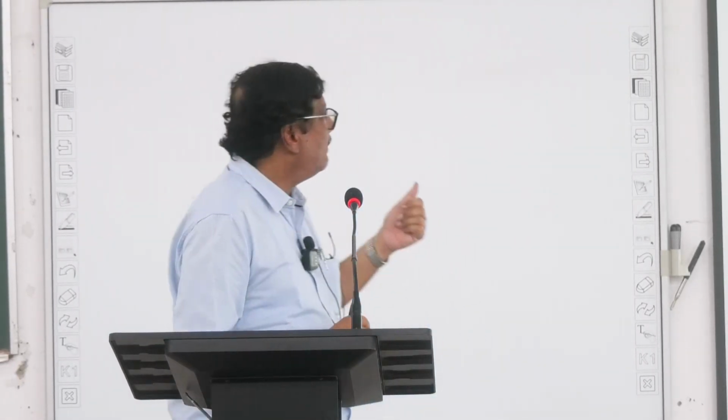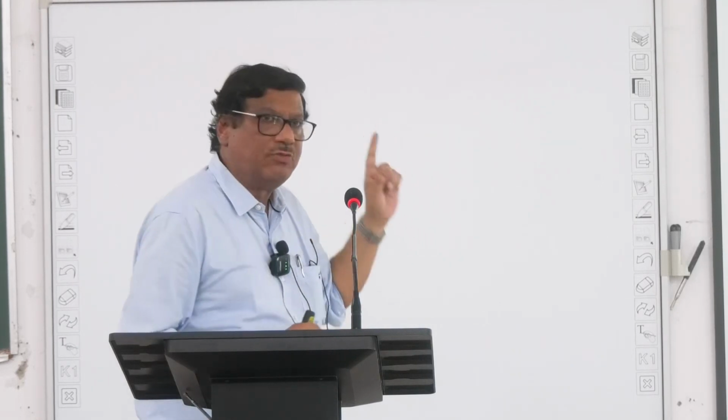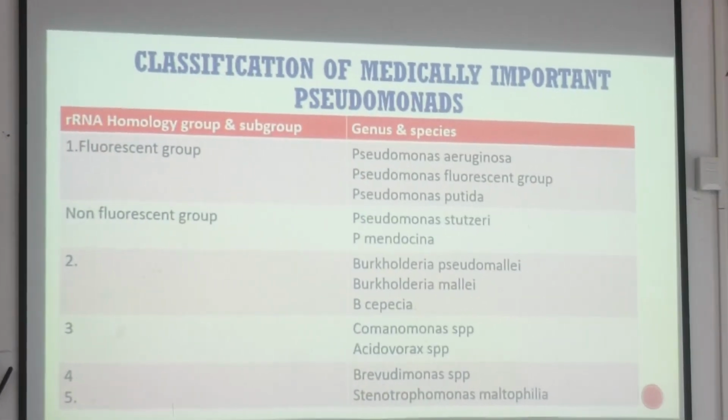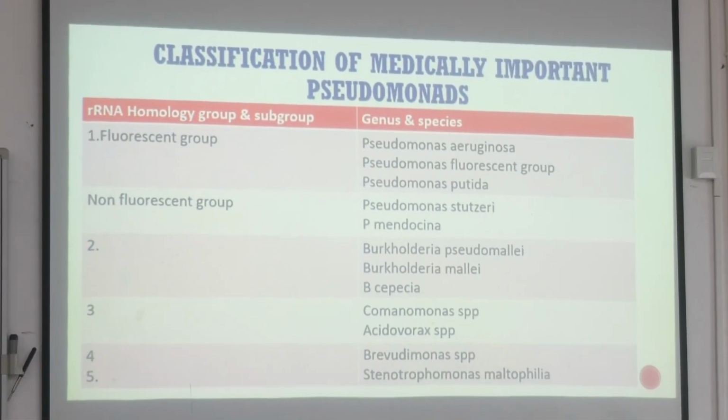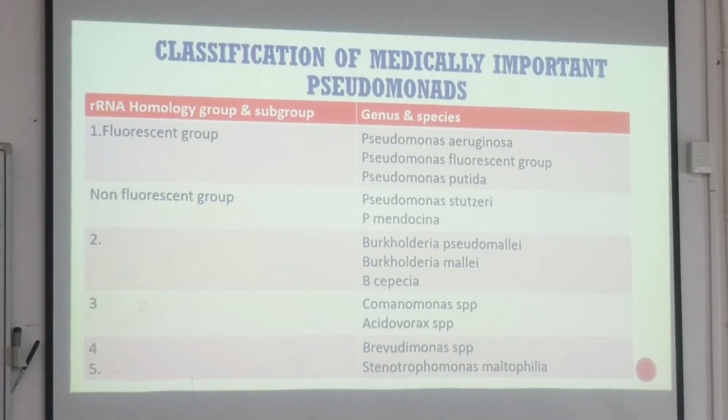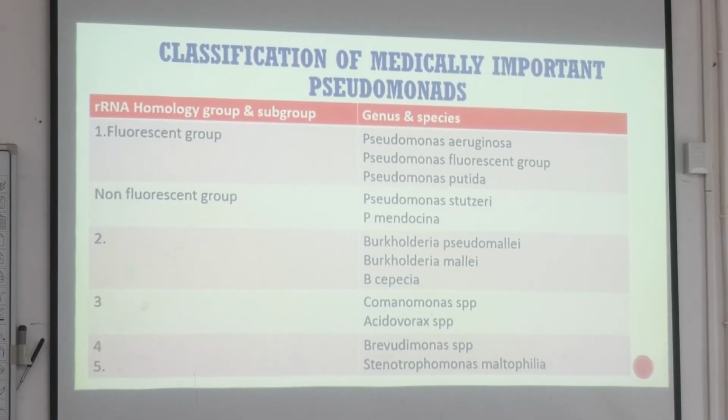One group is fluorescent: if you keep it in the dark, it will fluoresce. The fluorescent group includes Pseudomonas aeruginosa, Pseudomonas fluorescens and Pseudomonas putida. Similarly, there is a non-fluorescent group known as Pseudomonas stutzeri and Pseudomonas mendocina.